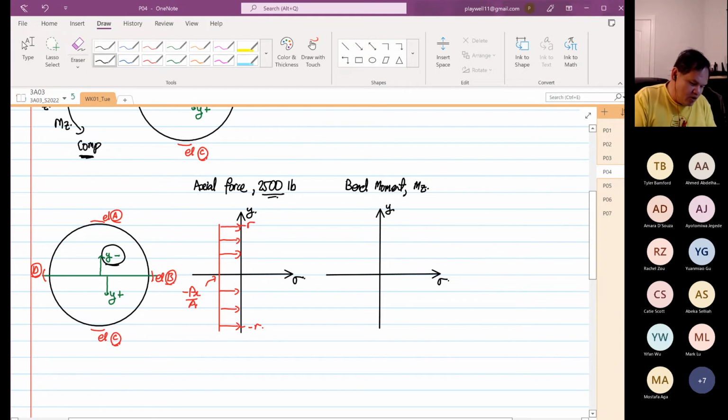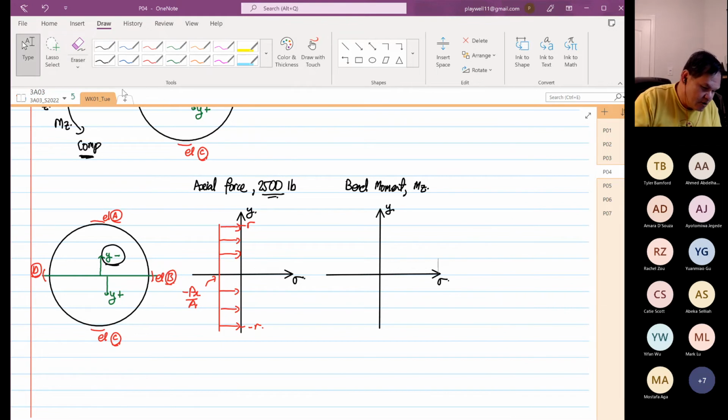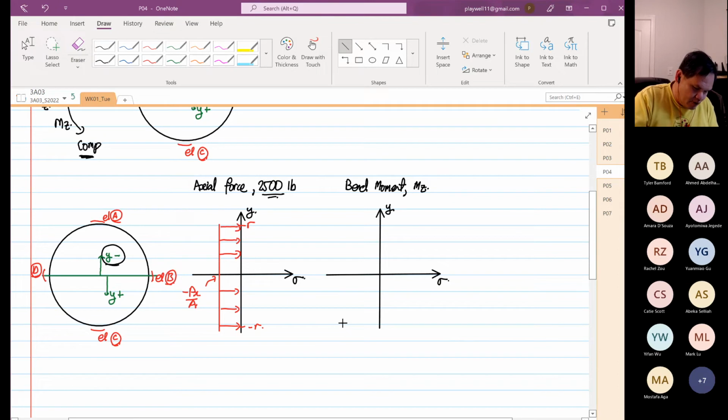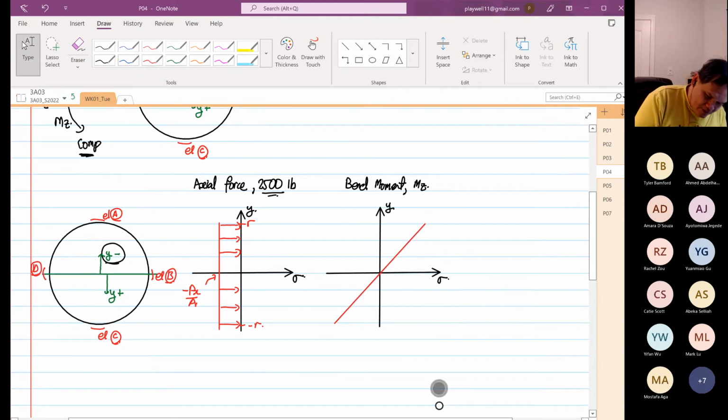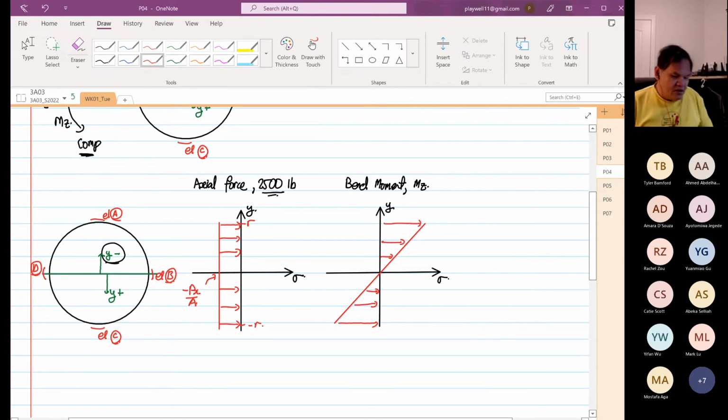So we know that at point C is compression. So this is how the bending moment will distribute. We know that point C will be in compression, so this is how the stress will distribute. We have compression, and then over here is tension.